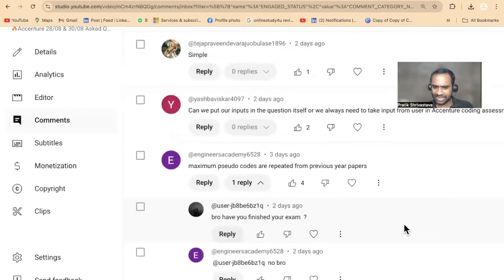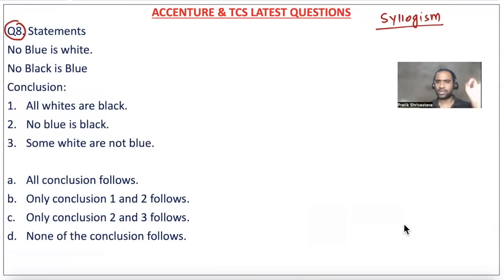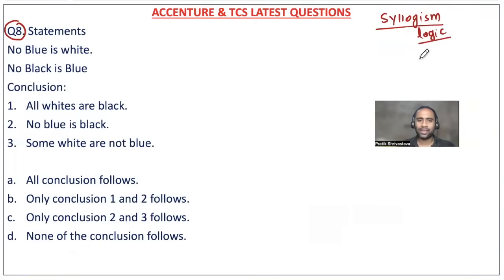See friends, when I teach, I give you the logic of how it is correct and how it is wrong. When you comment, you just tell the answer, like all follows or one and two follow. You are not even cross-verifying or understanding the rules of syllogism.